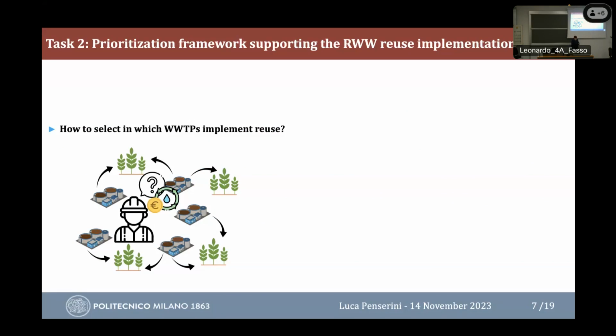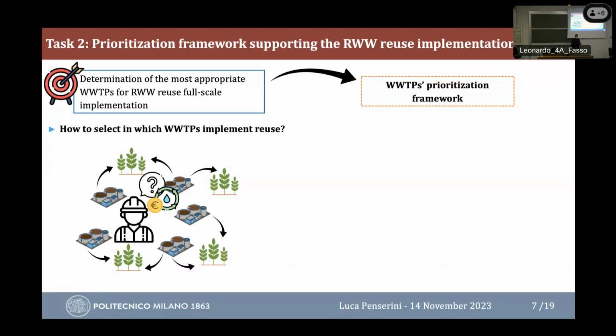So the idea is to develop a prioritization framework, and we focus on considering not just the wastewater treatment plant characteristics, but also the surrounding territory characteristics, to decide where it is better to implement reuse.